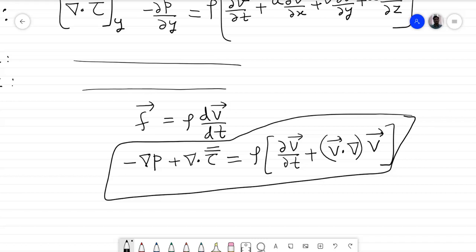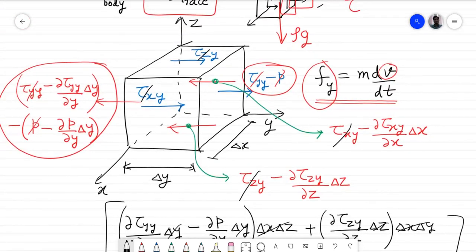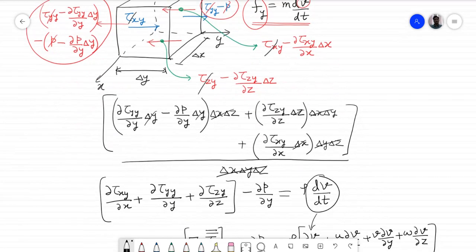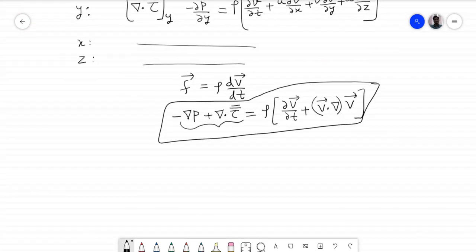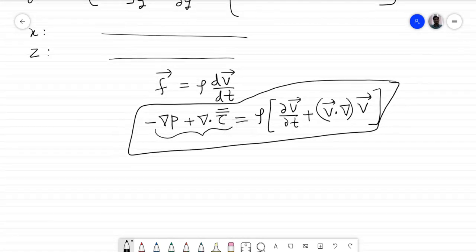Now we said that there are body forces as well as surface forces. These two are surface forces: as we have seen here, these are the forces acting on the surface, pressure and viscous stress. If you want to add body forces, it is very simple. Let's say you want to add the gravitational force, you can just add rho g here.